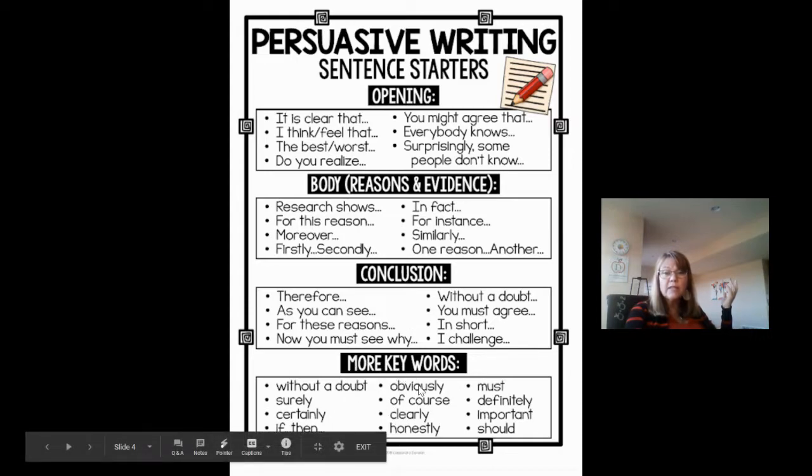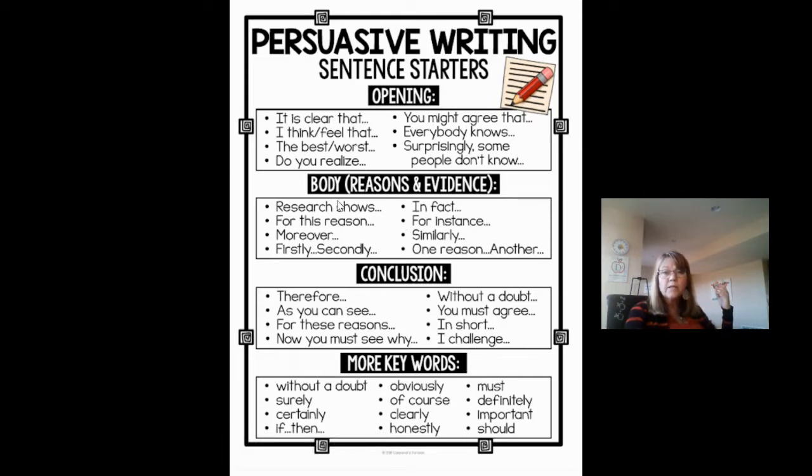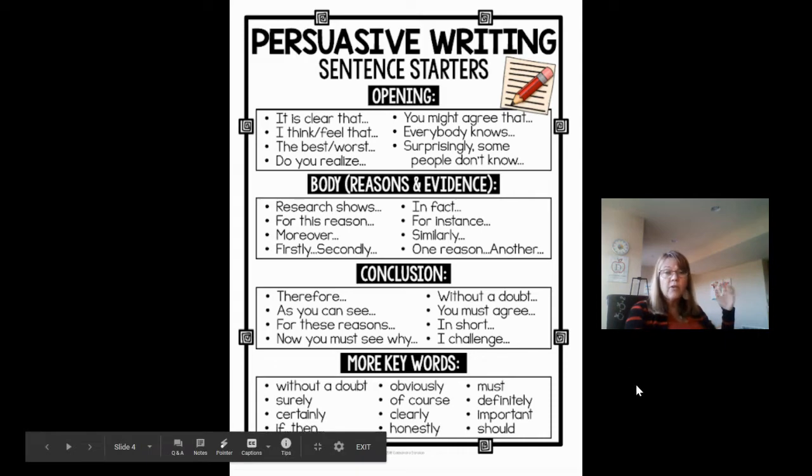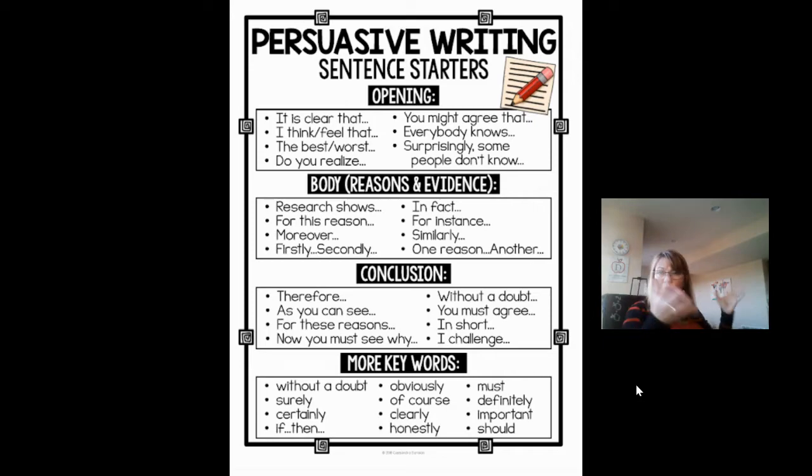Also remember, these words here are more keywords that are often used when you're persuading people. Okay? So this chart's really important. You can pause the video. You can jot it down on a scratch piece of paper, what you think you might use, or you can look back at it whenever you need to.